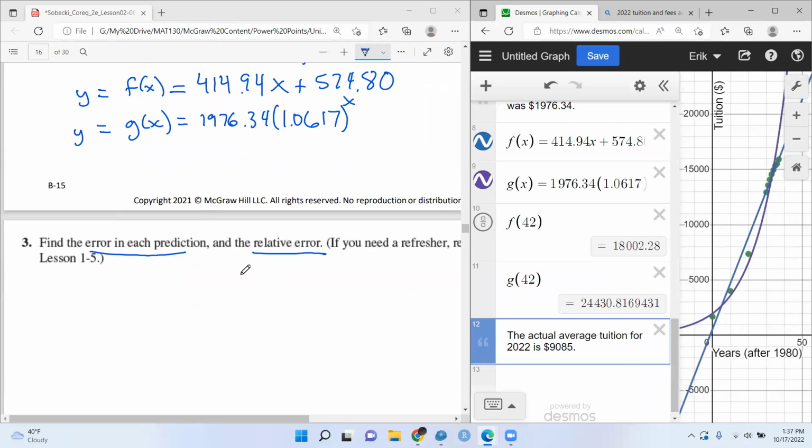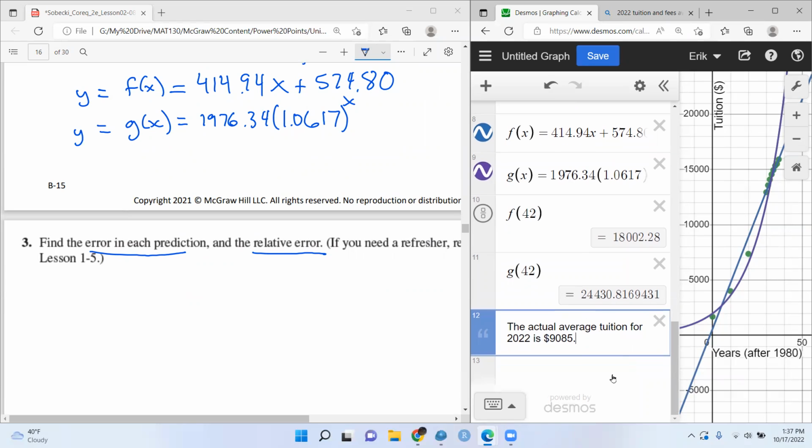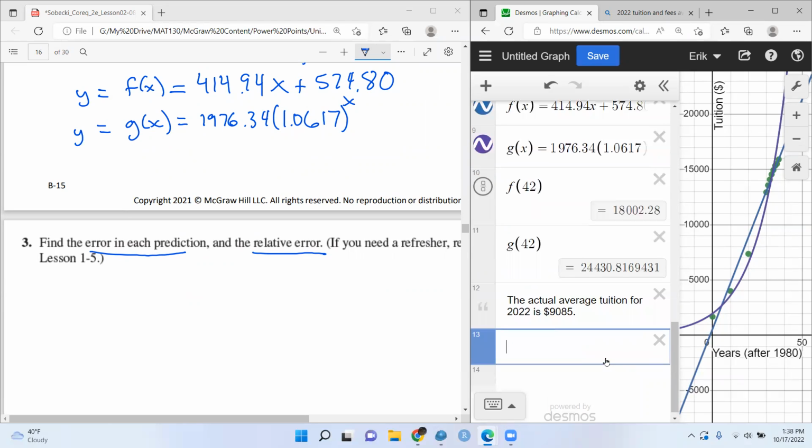So error is defined as actual minus estimate. Is that how we've defined it? Does that seem like what we've done? So the actual value minus the estimated value.